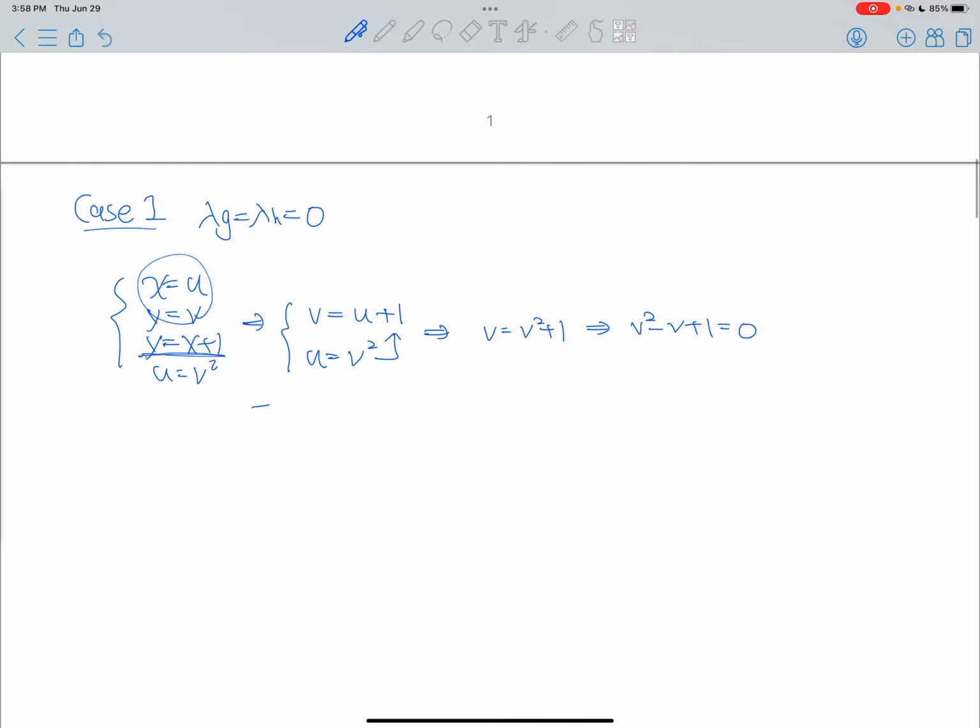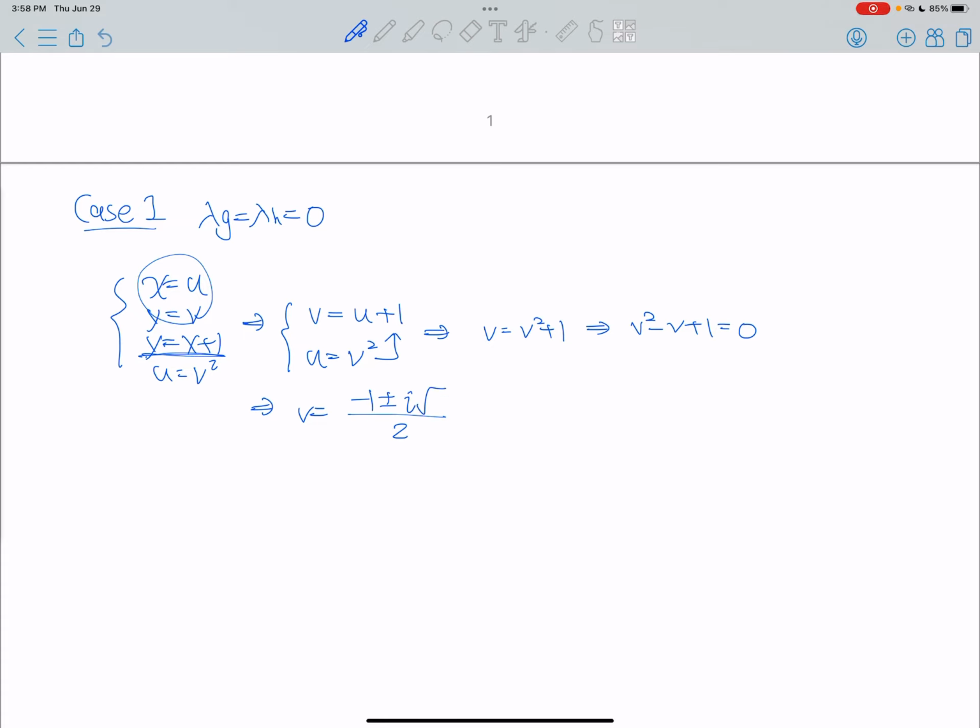Then according to the quadratic formula, the solution for v is 1 plus or minus i square root of 3, over 2, which is imaginary. However, notice that since u, v, x, y are points on the xy plane, they must all be real. Hence this case is unacceptable.